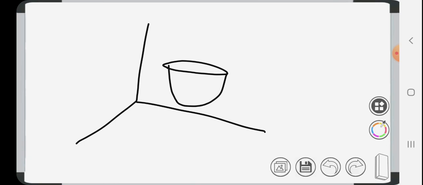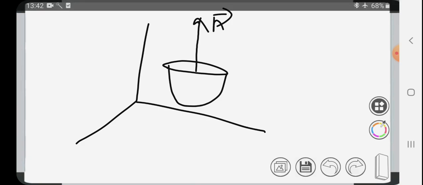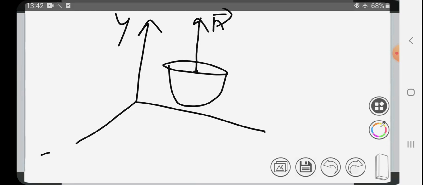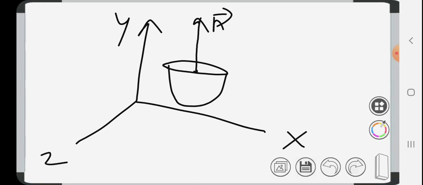So the plane is the y plane. The n vector here is in this direction, same point. So this is y, z, x.